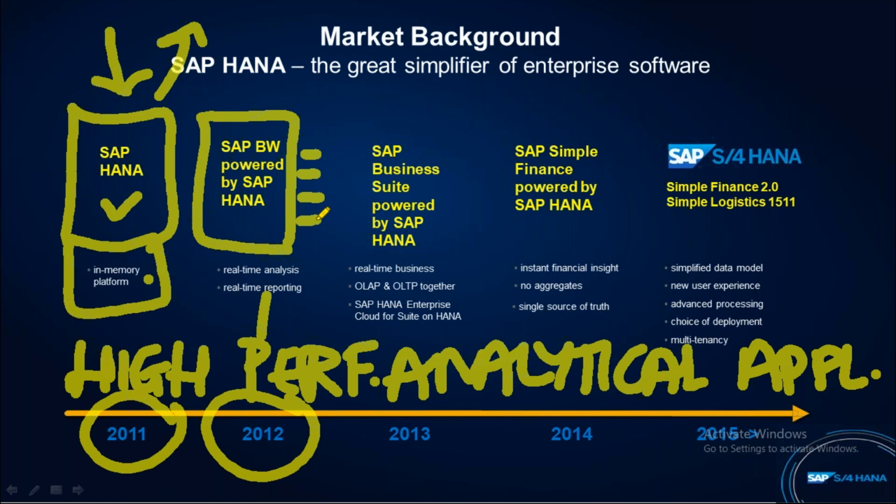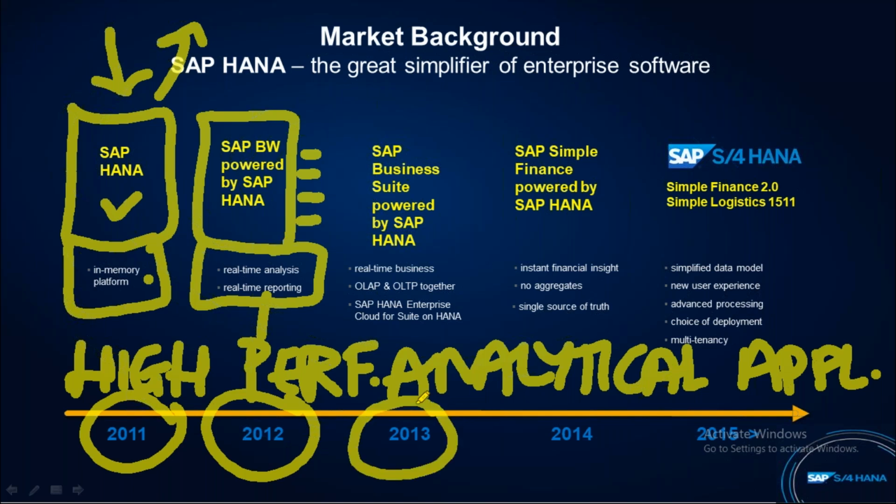So the BW, the business warehouse, was powered by the HANA, resulting in real-time analytics and reports, which are hosted from the BW application server on the HANA database.